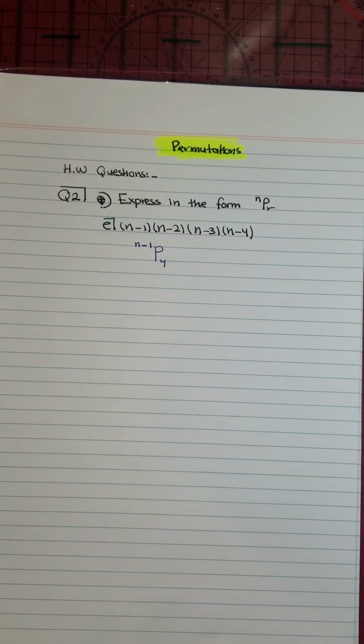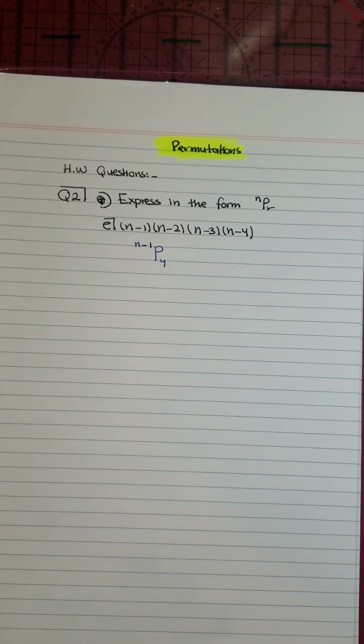Of course, the largest number in this sequence is n-1, so it's going to be n-1 permutation 4. I hope that this one is clear enough. And let's move on to the second one.